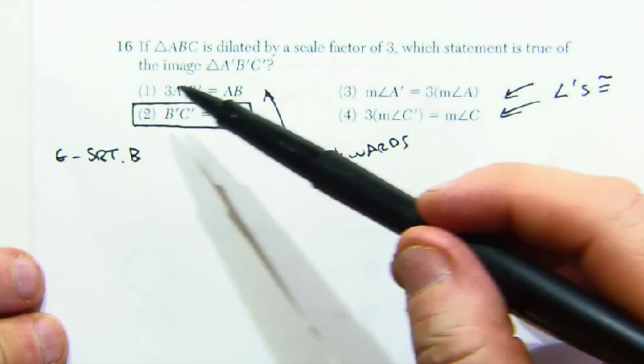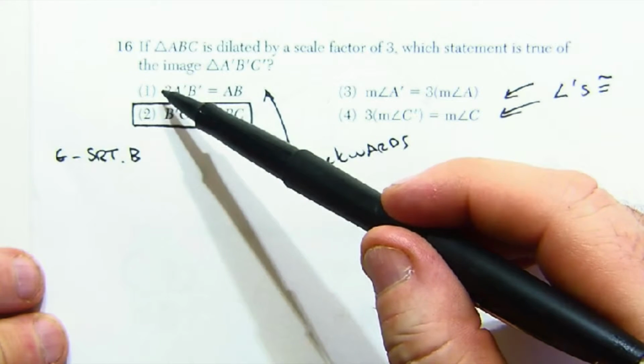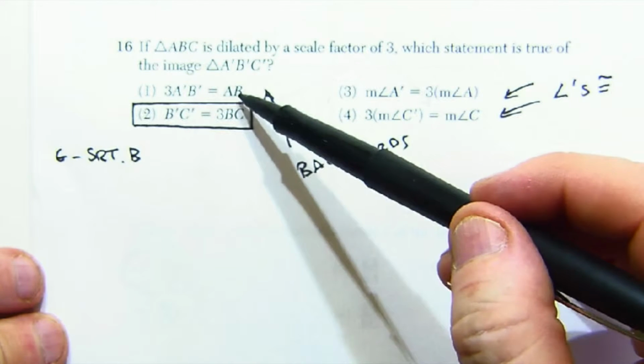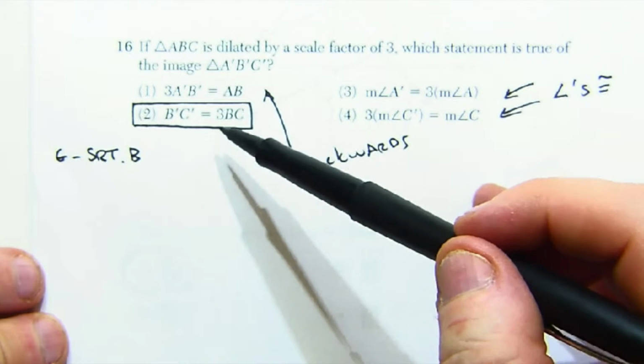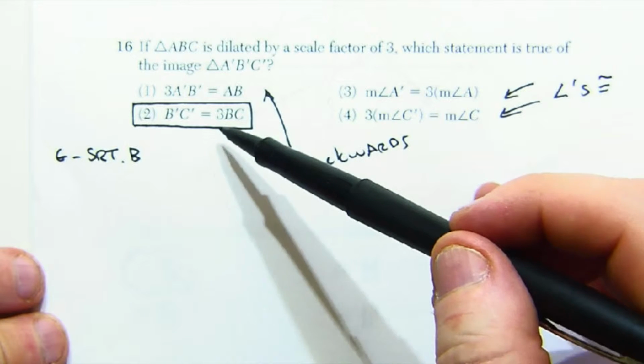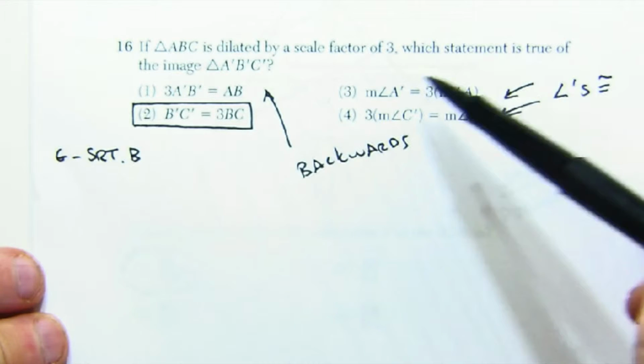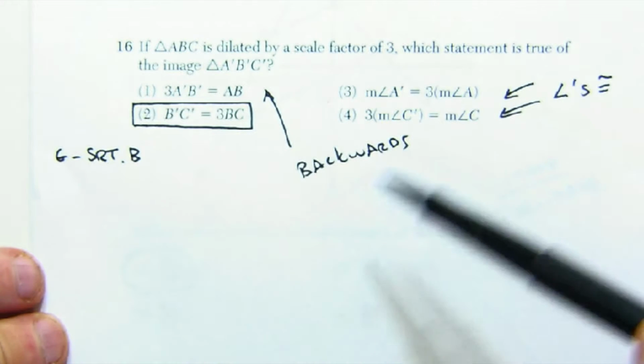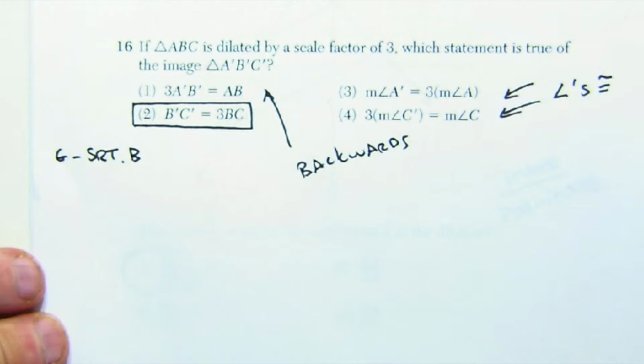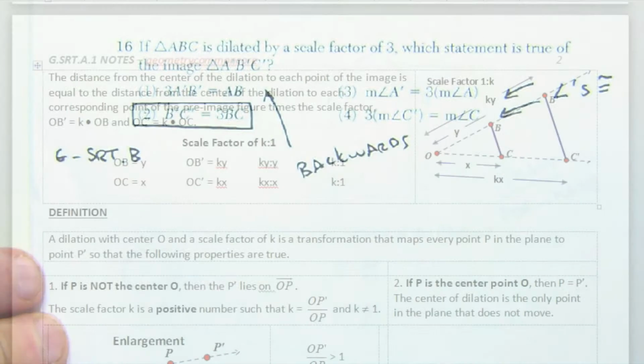And of course, the bigger item doesn't get multiplied by 3, because it would never equal the smaller item. So this is our answer: 3 times the original segment length will match the image if we go 3 times bigger. So, classic kind of question. We'll look at a couple examples in the notes and worksheets that will show you that we hit this thing hard.